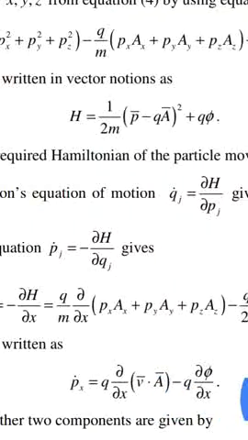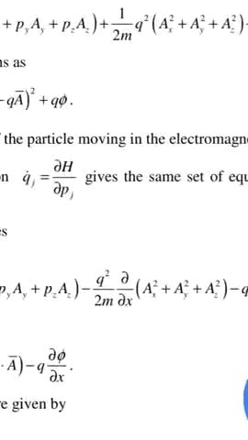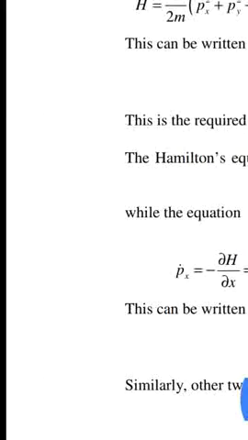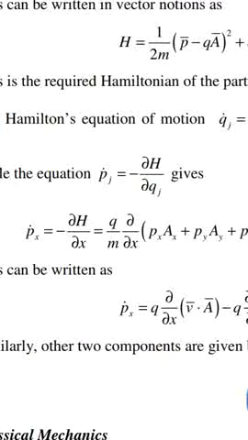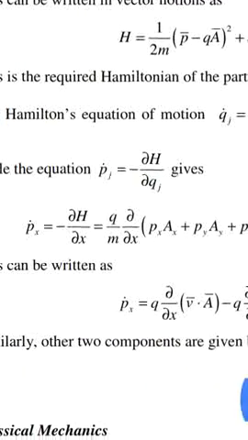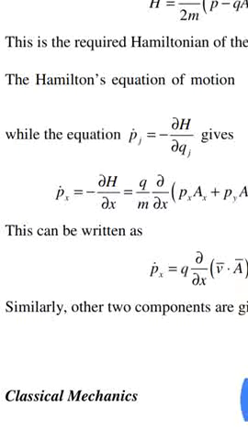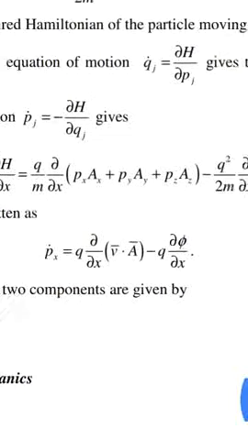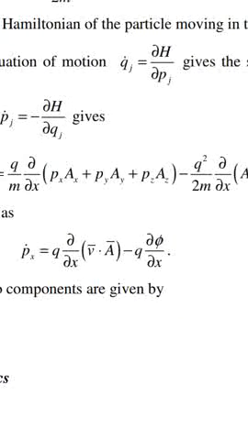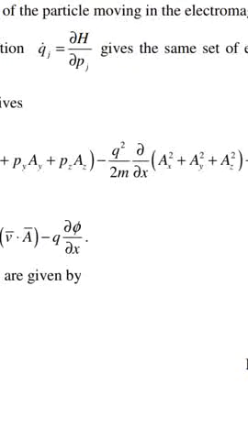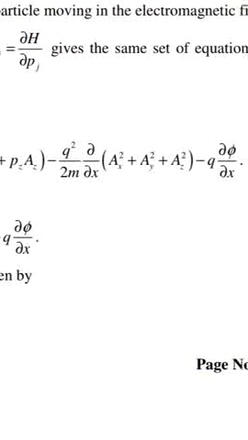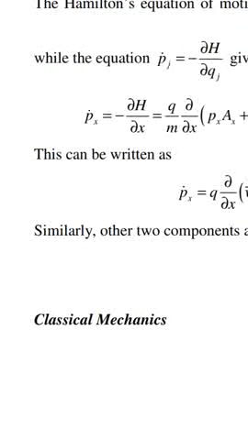The Hamilton equations of motion Qj dot = ∂H/∂Pj give the same set as equation 3, while the equation Pj dot = -∂H/∂Qj gives Px dot = -∂H/∂x = q/m ∂/∂x (Px ax + Py ay + Pz az) - q²/2m ∂/∂x (ax² + ay² + az²) - q ∂φ/∂x.